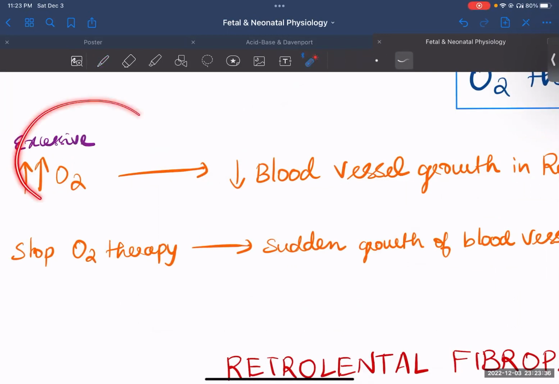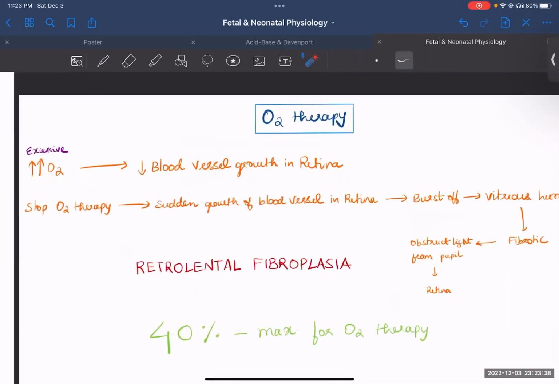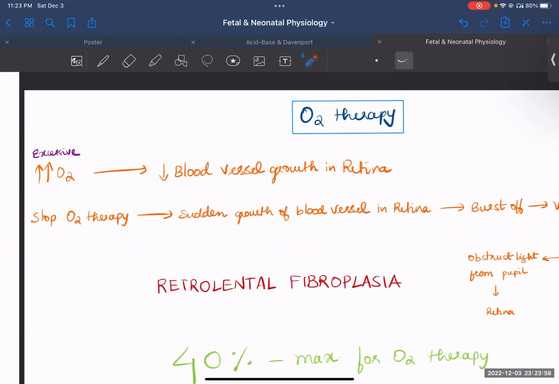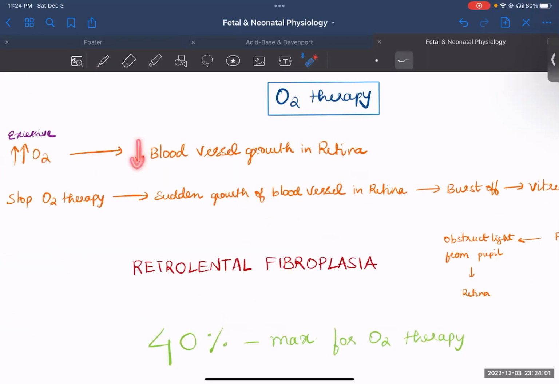As a result, since more oxygen is there, that is going to decrease the blood vessel growth in the retina of the eye. Why do we need more blood vessels? That oxygen is going to diffuse and act on the retina by itself. So the blood vessel supply is going to reduce in the retina.